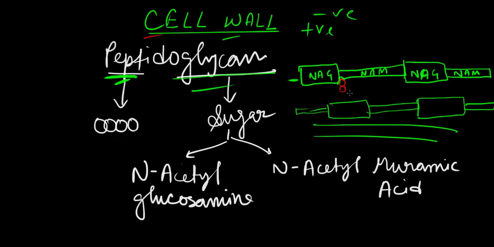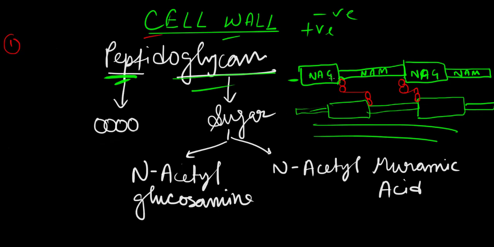A peptide is a small chain of amino acids. And these two peptide chains are connected with a cross bridge, like an interconnected cross bridge. This structure gives the bacteria strength.